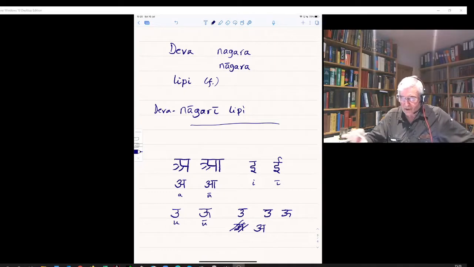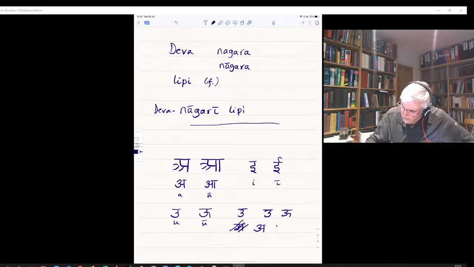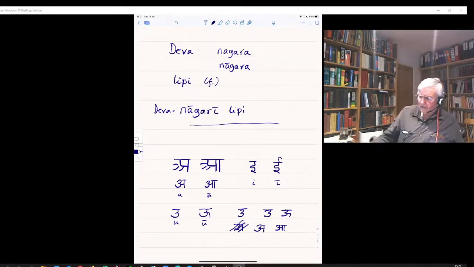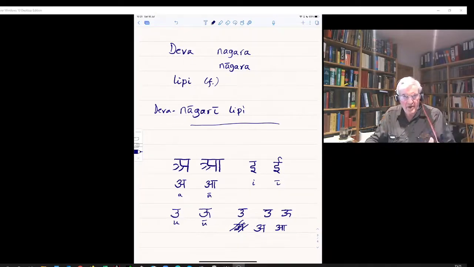More about crossbars later. It's quite important to understand those. These top horizontal lines. Quite important to understand those for the Devanagari script. And again, the crossbar will go across the 2 uprights, but it will leave a tiny little gap at the top of the letter. Whereas in the U, the crossbar will go right across the top. This is just handwriting. In printing, there's never any doubt which one it is.